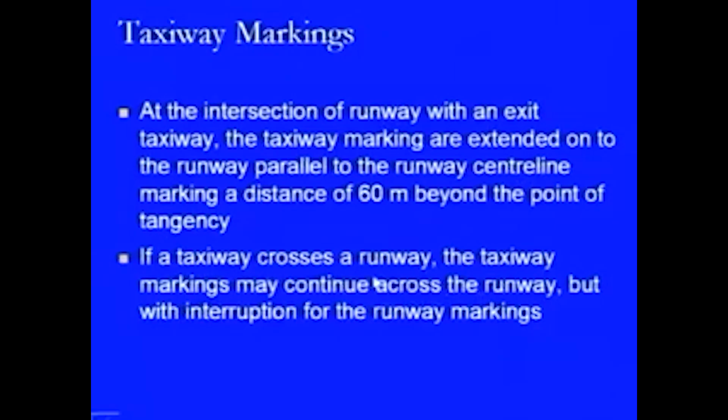If a taxiway crosses the runway, the taxiway markings may continue across the runway, but with interruption for the runway markings. So, the runway markings should remain clearly visible, and there should not be any vagueness in understanding those markings with respect to the crossing markings being provided for taxiways.